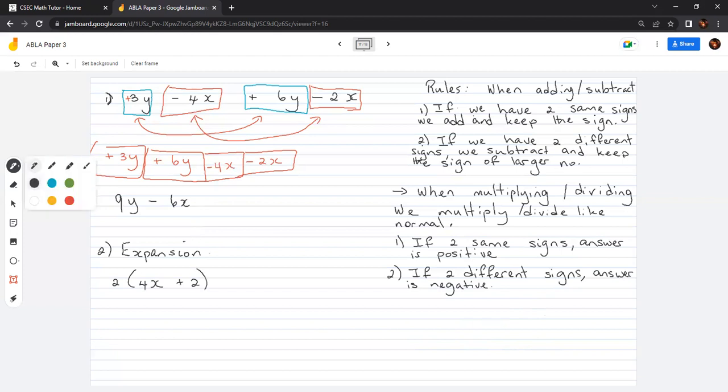Now, by the distributive law, when I expand this, whatever is outside, I'll multiply by everything inside. But you must remember your rules when multiplying with positive and negative numbers. So 2 times 4x, 4 twos are 8x, 2 times 2, that's 4.